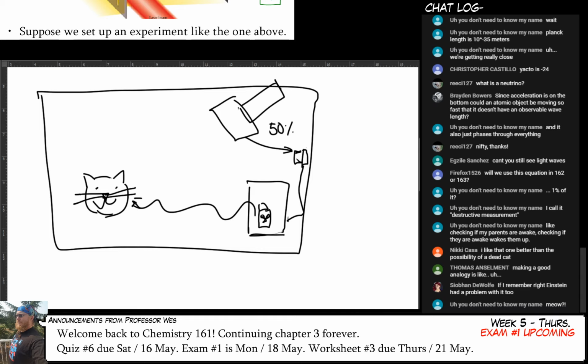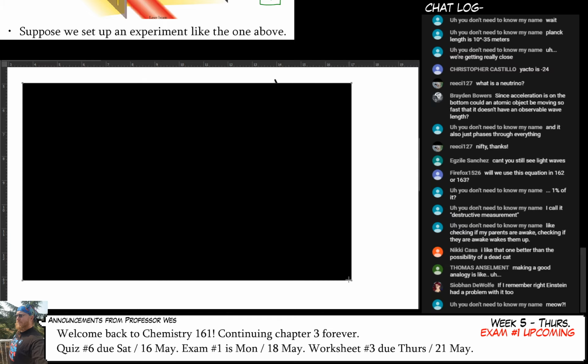And now what I'm going to do is do this. I need to make a new layer. I'm going to put this in a box. And until I open the box, I don't know if the cat is alive or dead. Because the box is closed now.